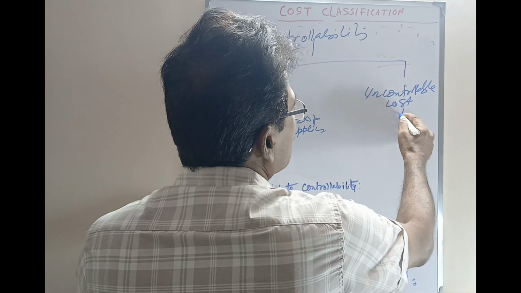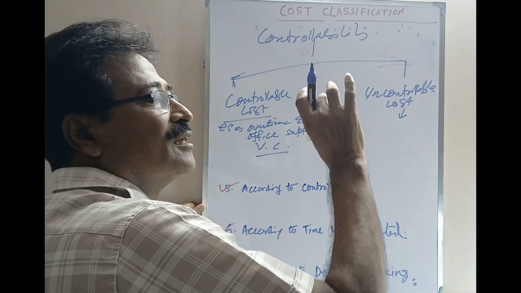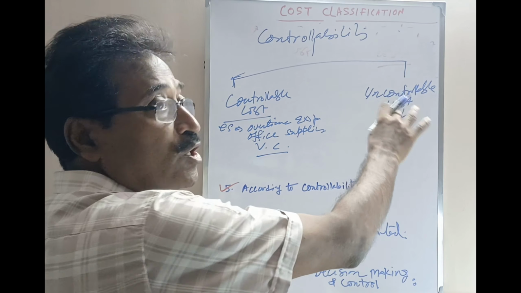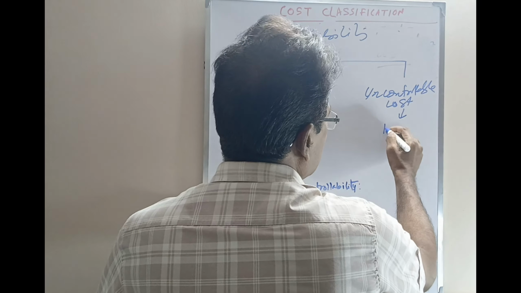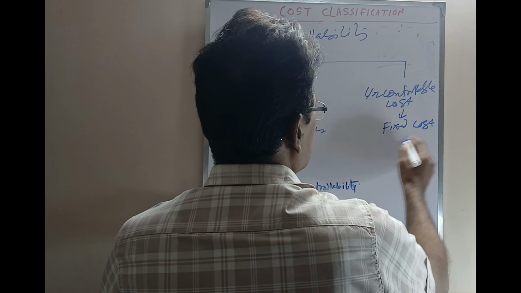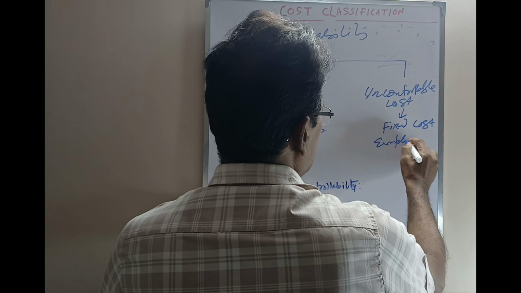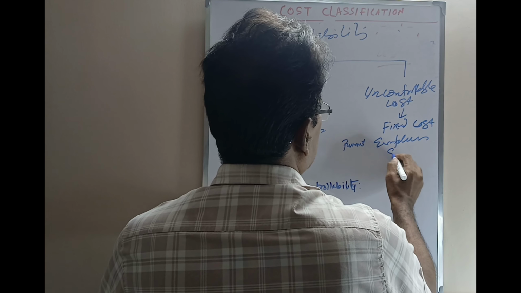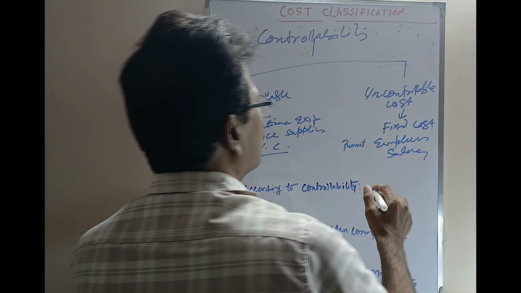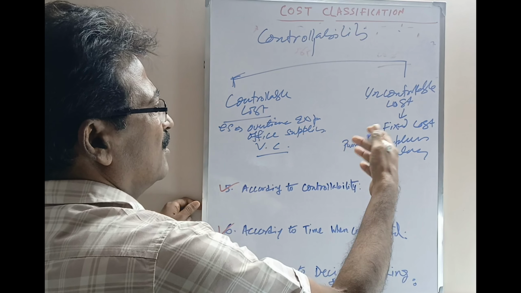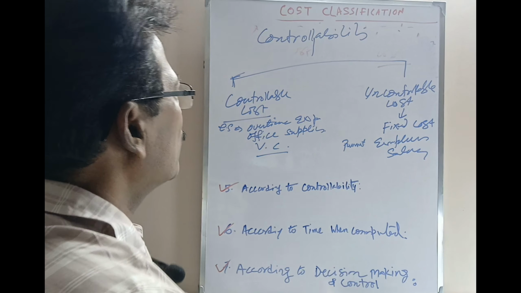Uncontrollable cost, its terminology indicates that it is not controllable. It is a type of fixed cost, say permanent employees' salary, taxes, rent of factory building. These are uncontrollable costs.